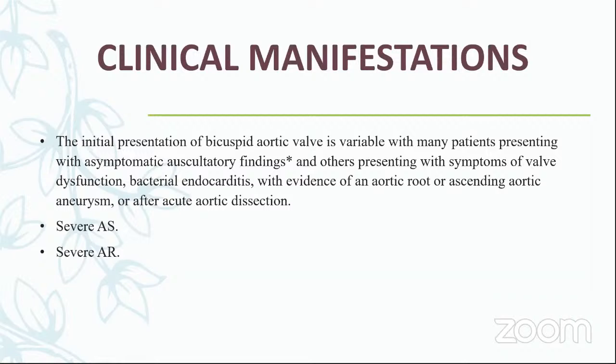Moreover, if the patient has bicuspid stenosis or regurgitation, they can present with the symptoms of these diseases. Also if the patient has bacterial endocarditis, or evidence of an aortic root or ascending aortic aneurysm, or they can present after acute aortic dissection.